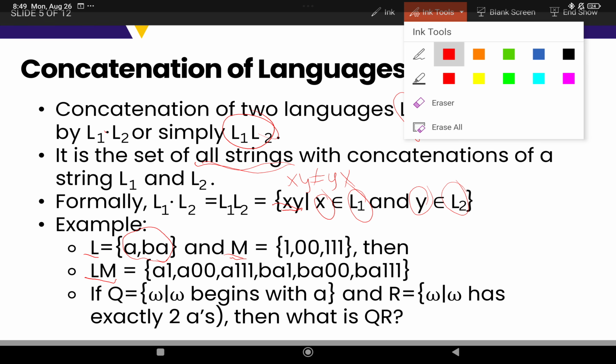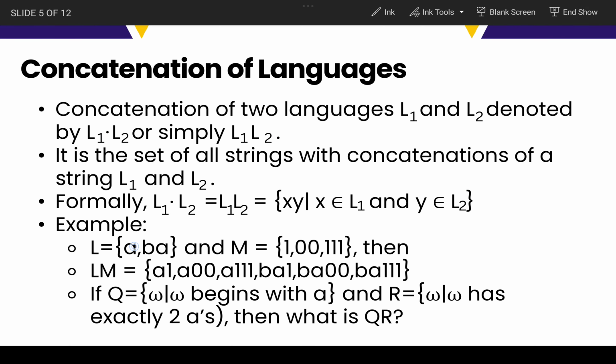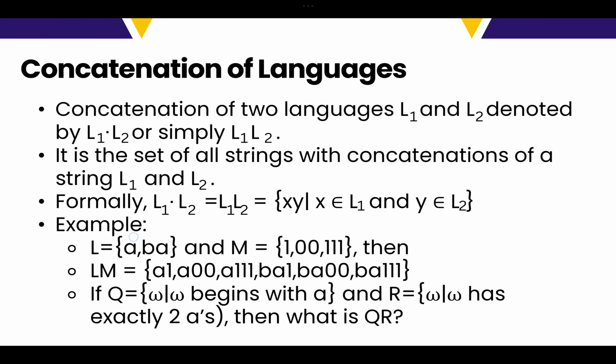Okay, so first, since L is on the left side, L is written first. So, A, then it is paired with 1. So we get A1. Then, A00. A111. Okay? Now, we have BA.